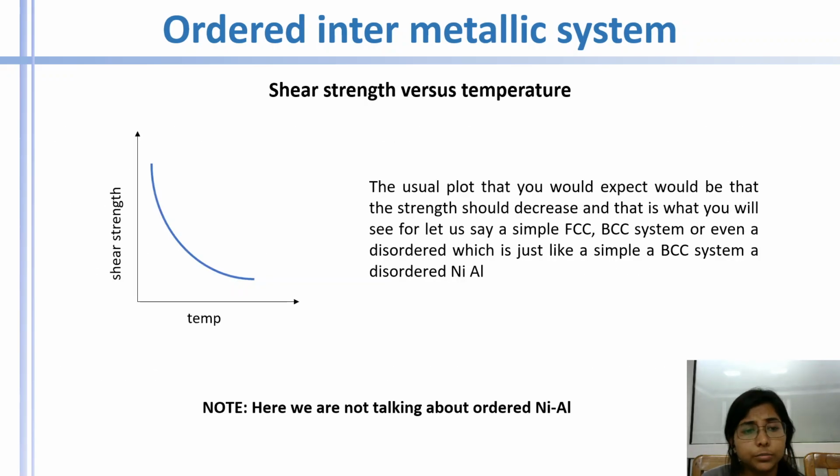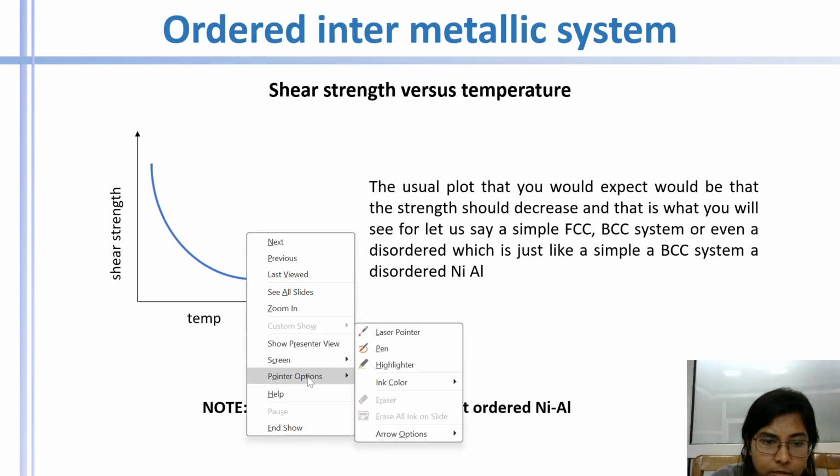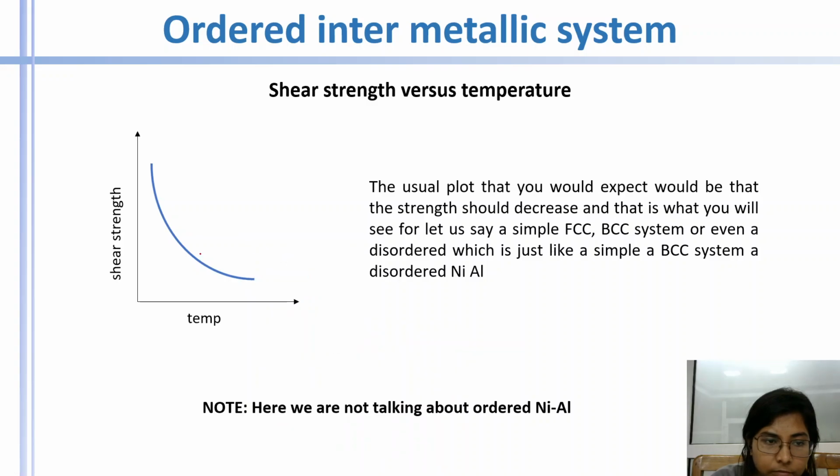So the strength actually increases with increase in temperature. Normally, what is the nature of shear strength versus temperature? Normally, the shear strength versus temperature is like this. It can be like this, two different materials.